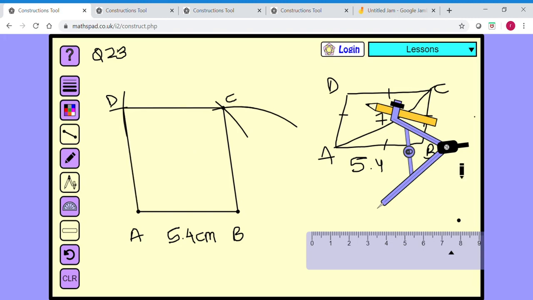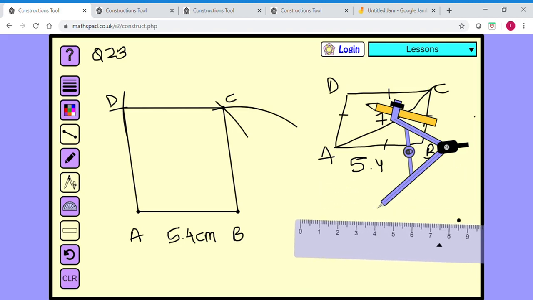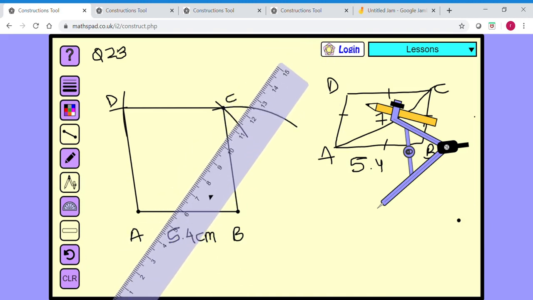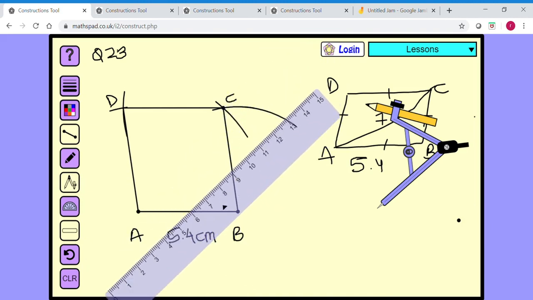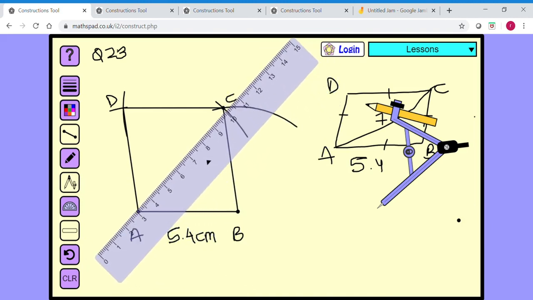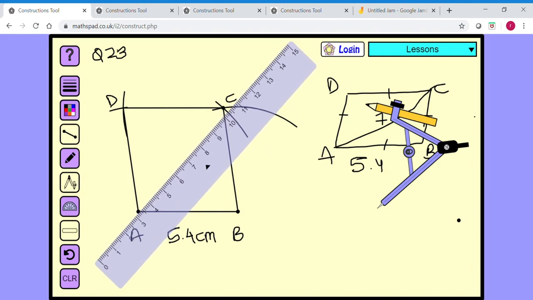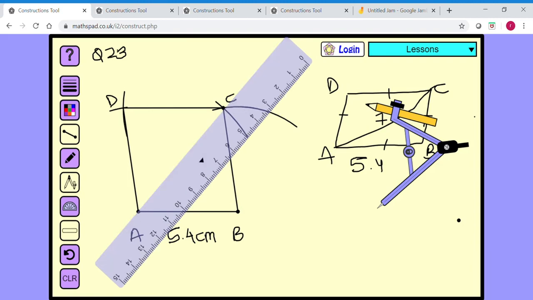Done. And the only thing I need to draw is a dotted line from A to C, because that's something that I used in the construction, and this length was 7. Dotted line takes the longest time for me to construct.